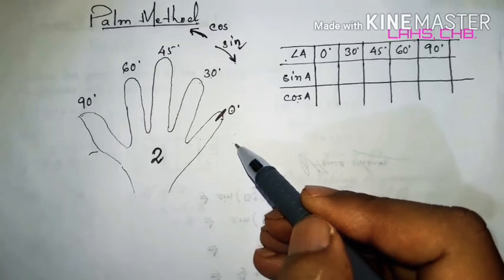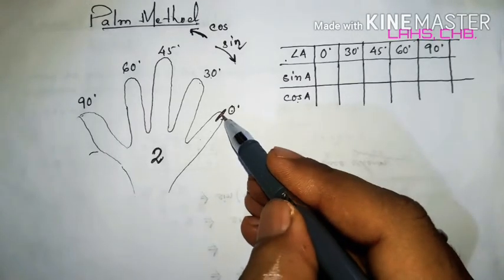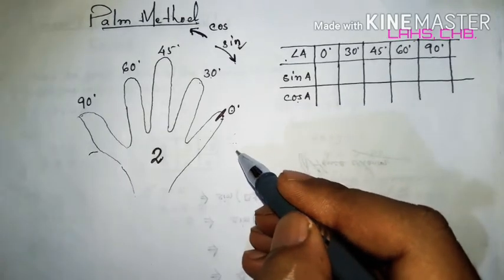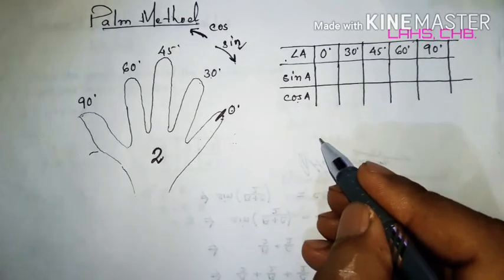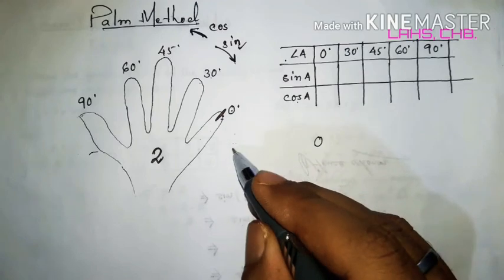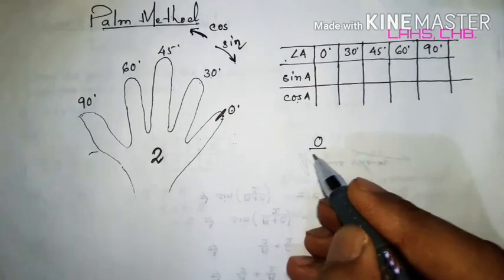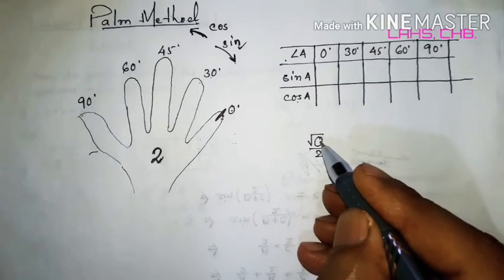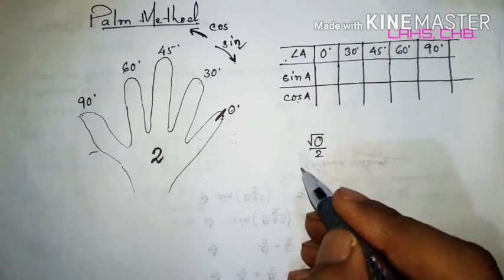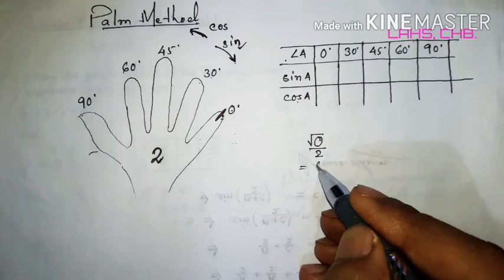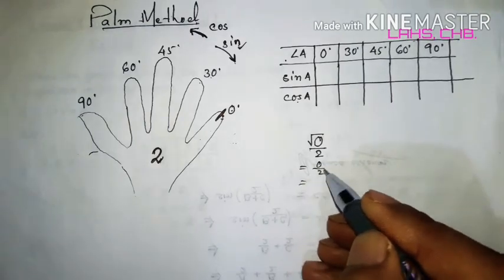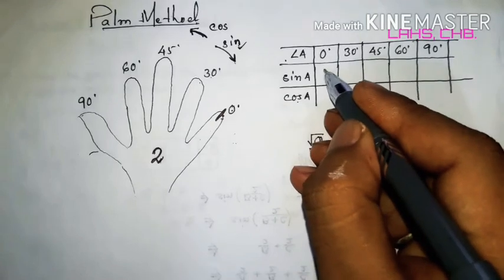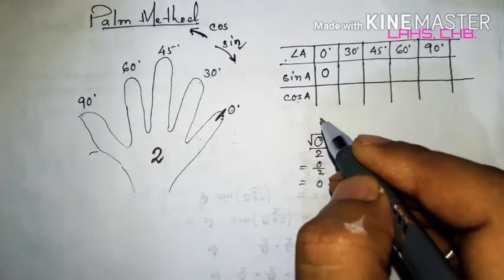So what will be the value of sine 0 degree? Since no finger is here, write 0, divided by this 2, and put a square root here. The square root of 0 is 0. So 0 by 2 is 0, and 0 divided by any number is 0. So we obtain the value of sine 0 degree as 0.